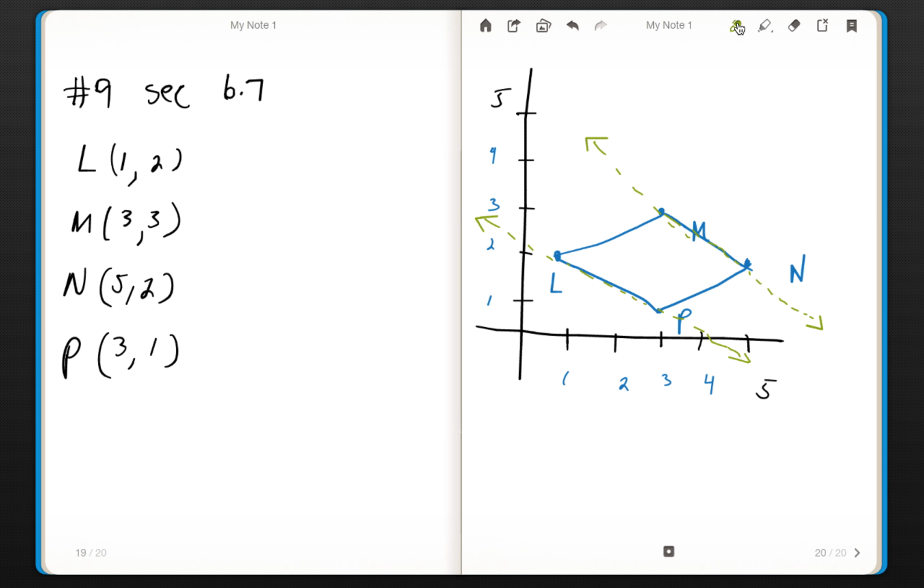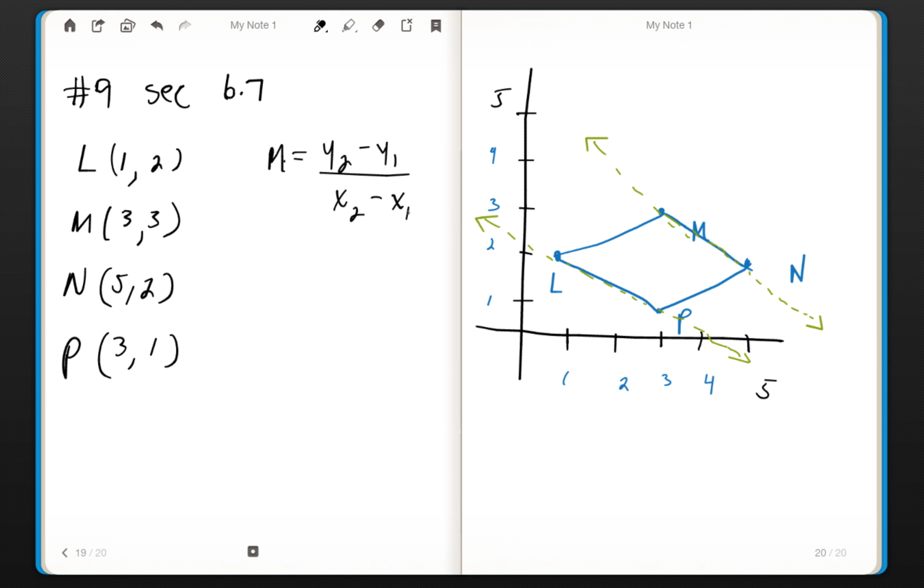So the equation for slope, remember, is y2 minus y1 all over x2 minus x1. We'll do it for M and N first, since we want to know the slope of that line. I can't write it all out here, it just doesn't fit, so I'm going to just write it in.